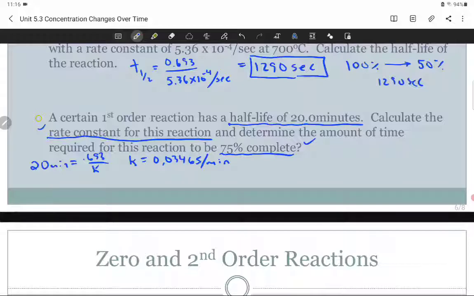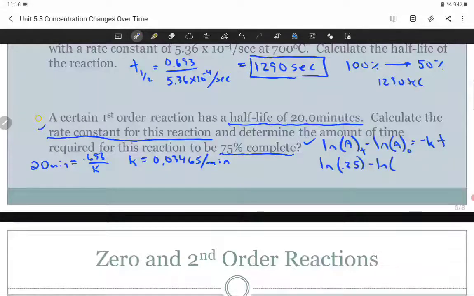Now that we have a K value, we could solve. By the way, this is called the integrated rate law, the one that deals with the natural log of A at a certain point in time minus natural log of A initially equals negative K times time. So that's the integrated rate law. So we can now plug some numbers in and solve. 75% complete means that we have 25% left over.